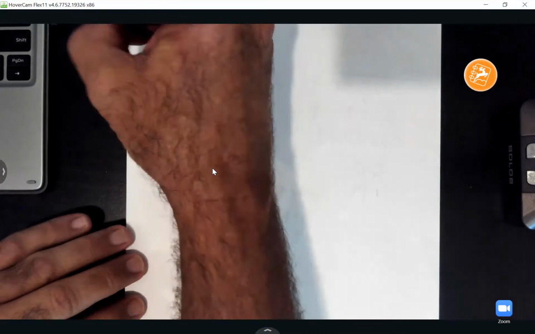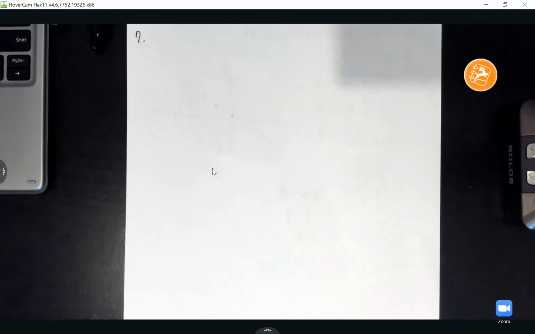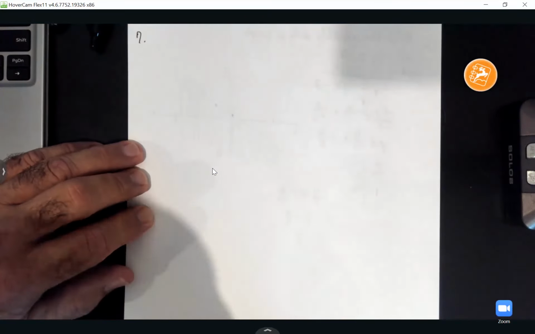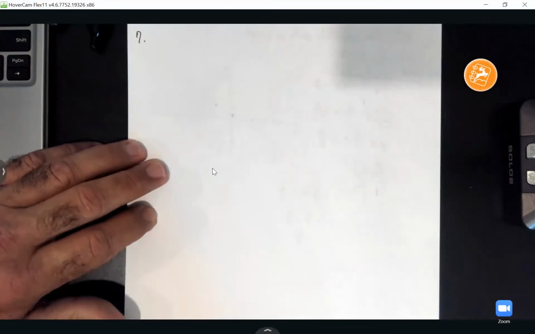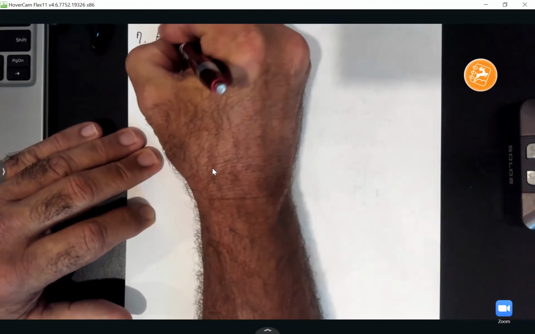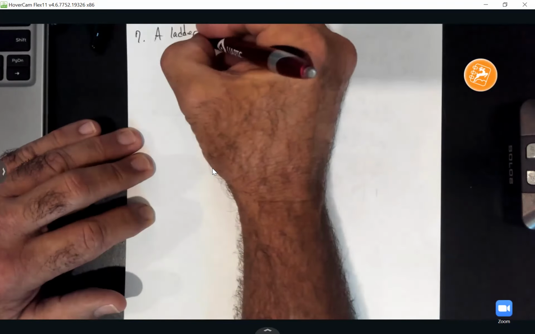So y'all's favorite problem coming up next. Number 7. That's kind of scary. And this one I told you I'll put a bunch of stars by. This is, check this out, a ladder is resting against the wall.